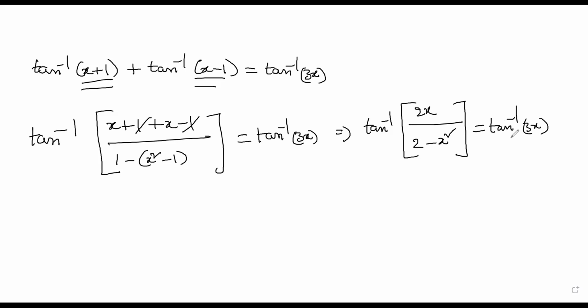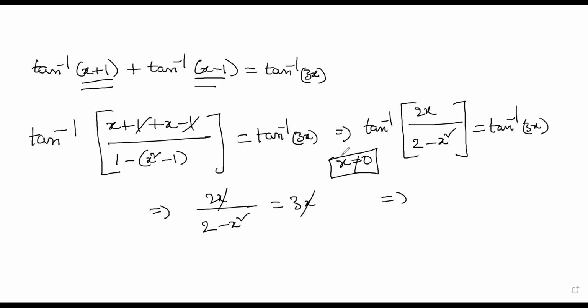So removing tan inverse on either side, you can write 2x by 2 minus x square is equal to 3x. So x will cancel, and we write that x is not equal to 0. We cancel it on either side. And then you have to multiply here. So you get 2 is equal to 6 minus 3x square.